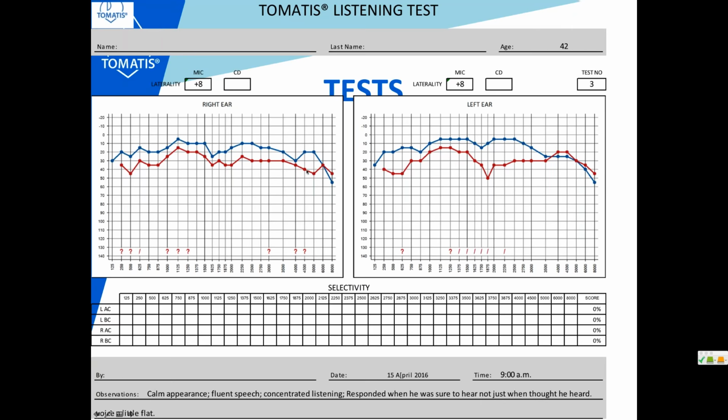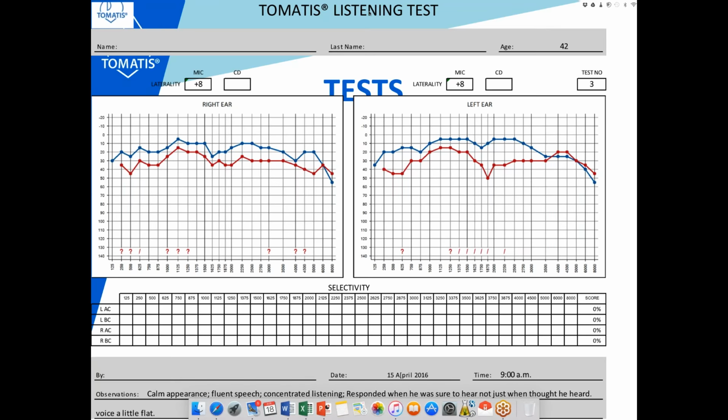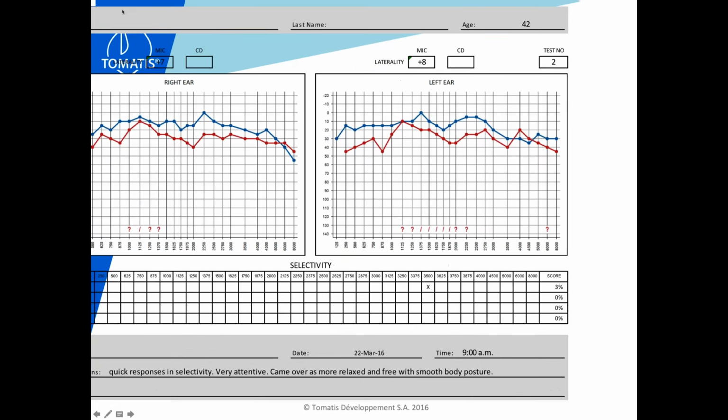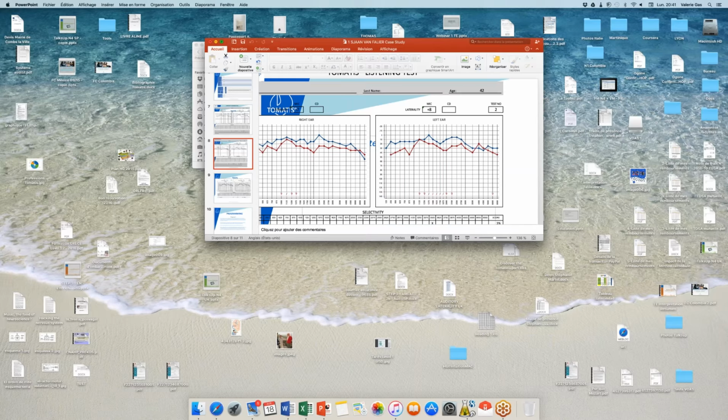Then when you go higher up, there are not many hearing cells in that area. So when you are working in this area, you get a lot of stimulation, and you don't need to go to very high frequencies.